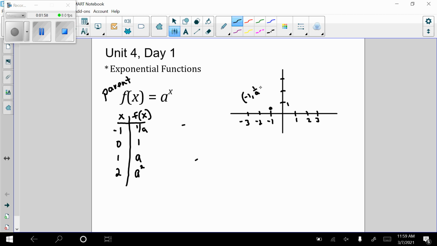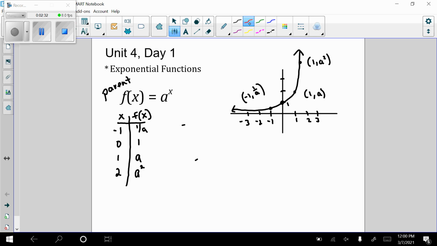So a fraction. Then I get to my y-intercept, which is 0, 1. Then I have 1, a, which will be somewhere here. And then if I go to 2, I would have a squared, which would be higher. So if I draw that exponential graph, it looks like this. So there's your exponential function.